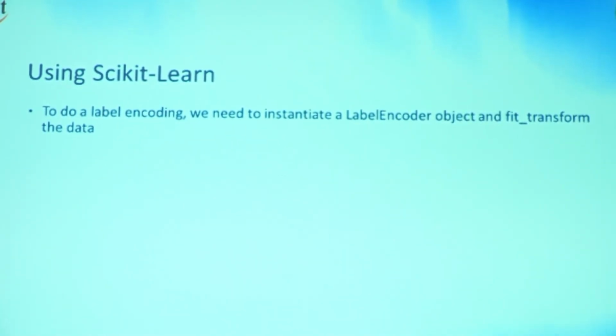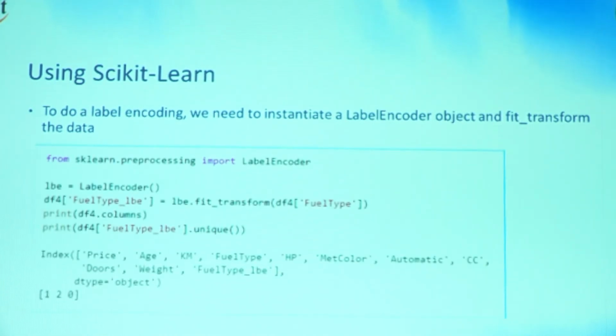There's a package called scikit-learn, if you have heard of it. Automatically it will encode your data frame. No need of doing anything manual like what I have taught using get dummies. To do a label encoding, you must instantiate a label encoder from that package. This is the second method.